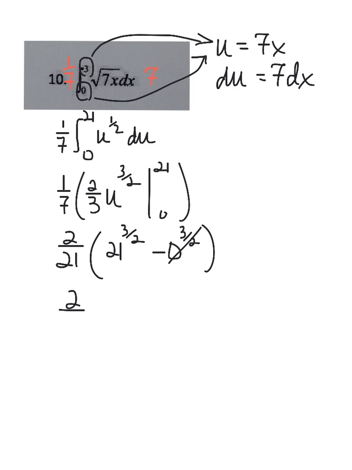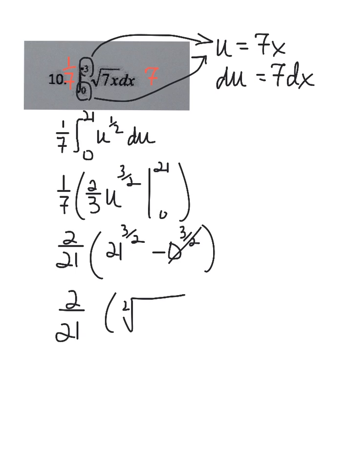So 2 over 21. Now I want to talk about this 21 to the 3/2 power. Remember that this is the power and this is the root. Power over root, power over root. So I'm going to simplify this a little bit. The root is a 2, so that's a square root, right? You don't have to put the 2 there, but I'm just showing you.